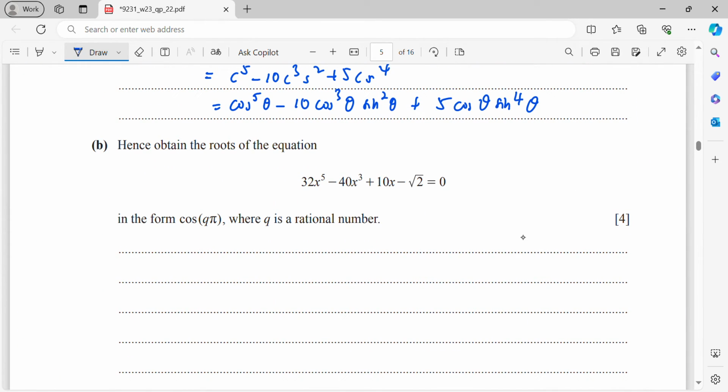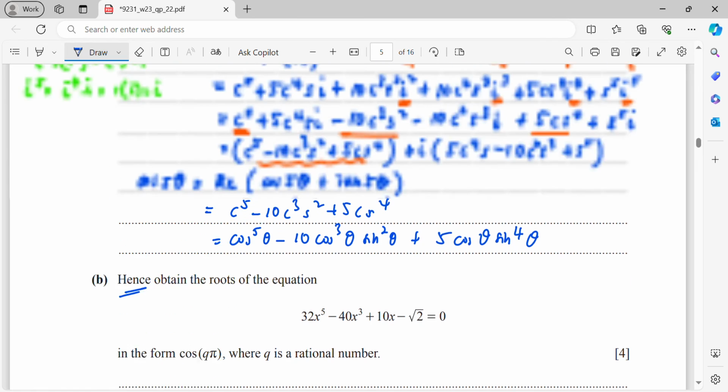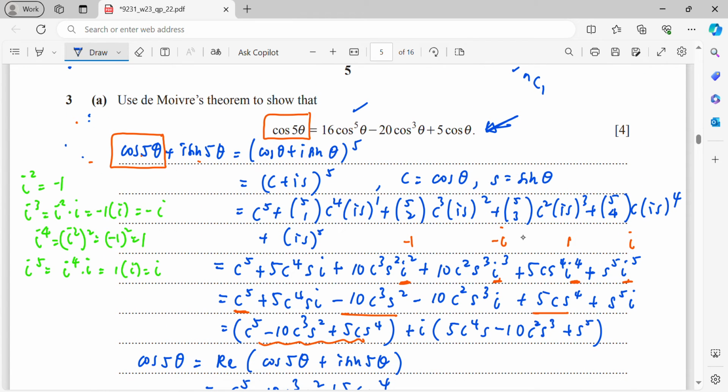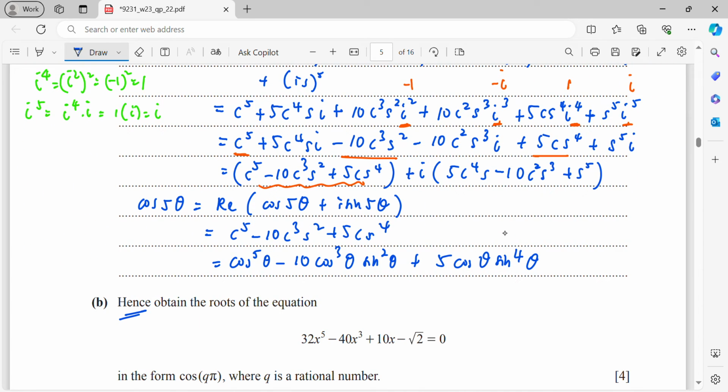Okay, 3b, hence. Hence means use the previous result to obtain the roots of this equation. So 32x degree 5. Now you check, just now it was 16, now it becomes 32, 40, and 10. So it's just double the previous, right?